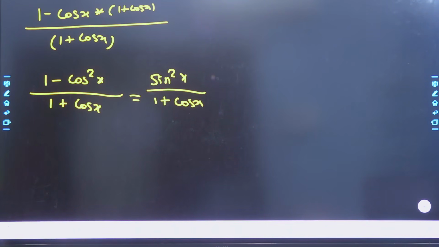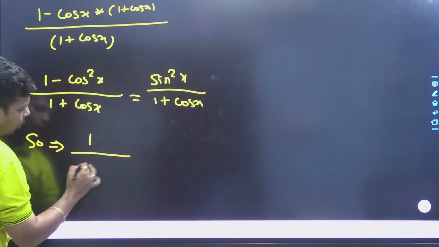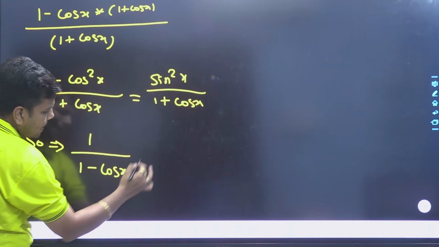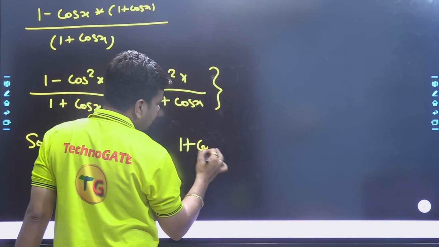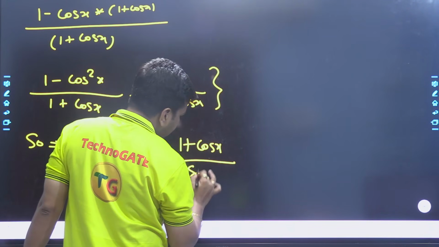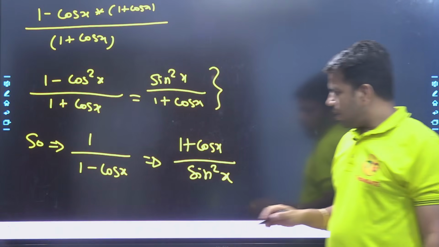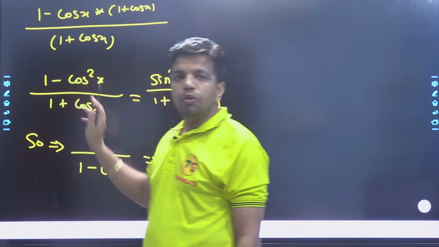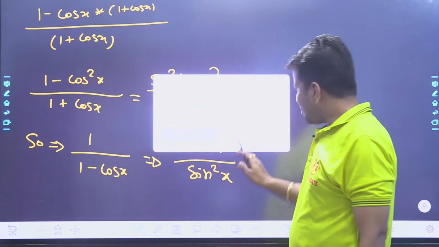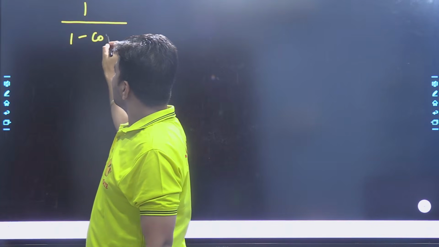Now we need to compute the value of 1 upon 1 minus cos x. So just reverse this: 1 plus cos x upon sin square x. In the question it is given 1 upon 1 minus cos x.